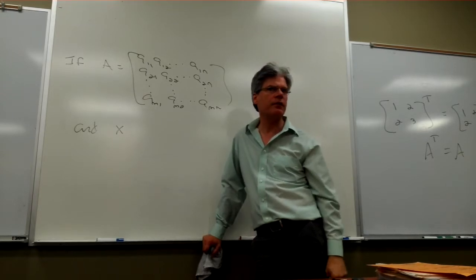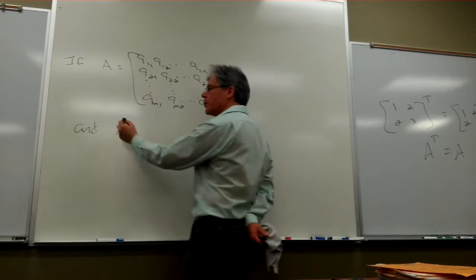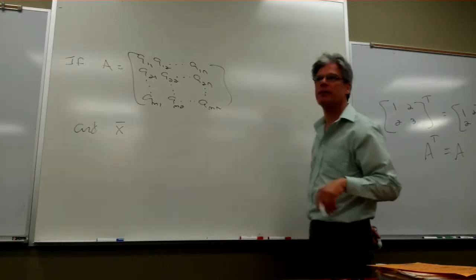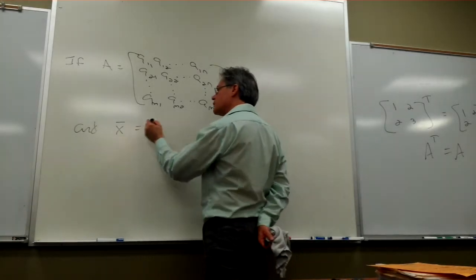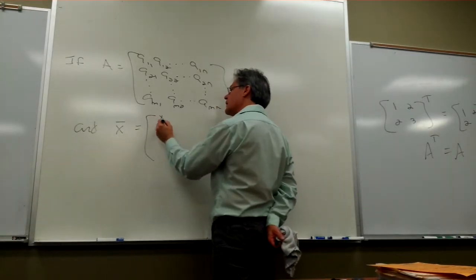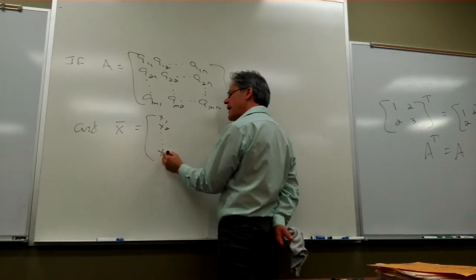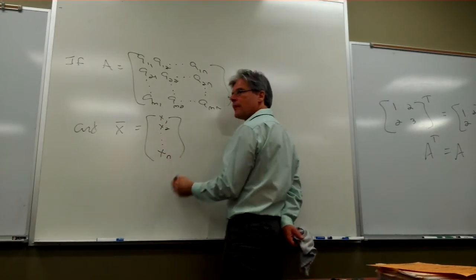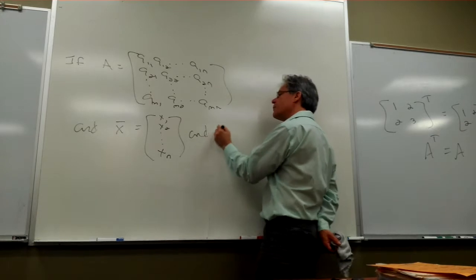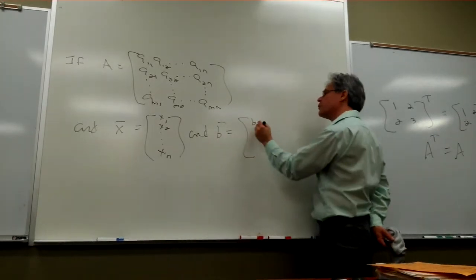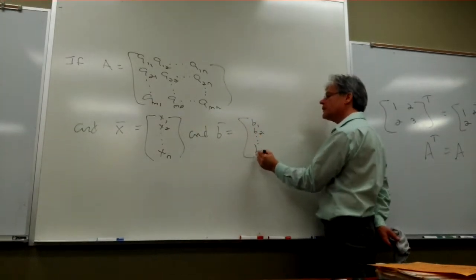Can I use lowercase x and put a bar over it? I typically do that when I've got vectors. Let x bar be equal to x1, x2, all the way down to x sub n. And finally, let b bar be equal to this column vector, b1, b2, down to b sub m, not n.